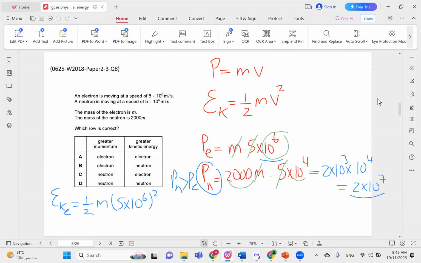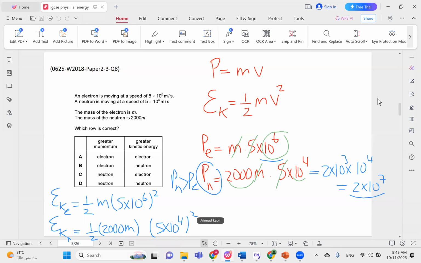The kinetic energy of the neutron is equal to half times m times, excuse me, I made a mistake. It's not half times m, it's half times 2000 m. This here is m, but this here is 2000 m multiplied by 5 times 10 to the power of 4 all squared.